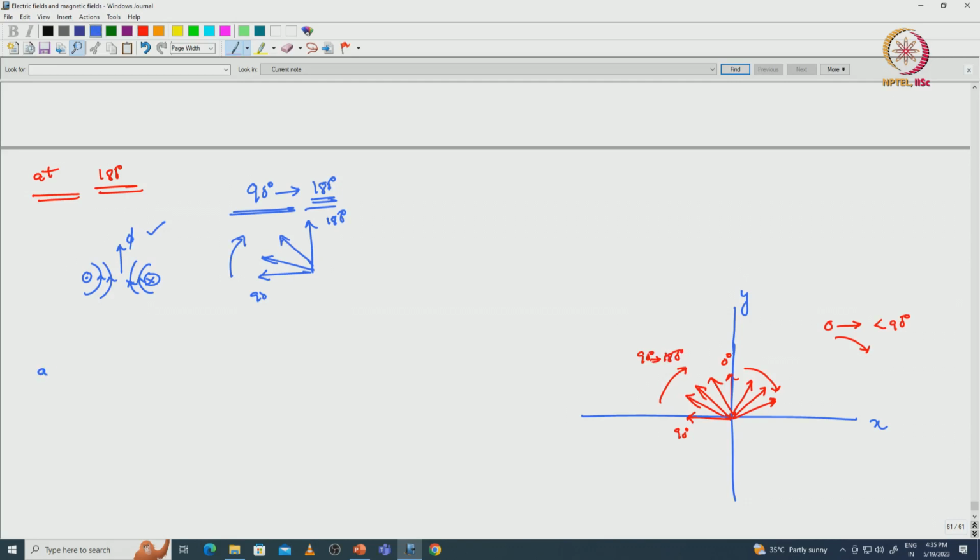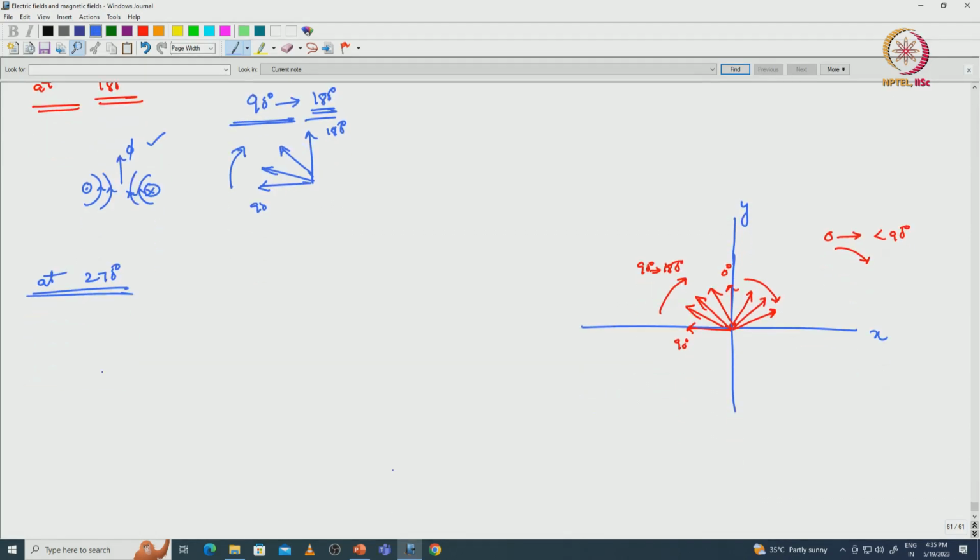Now we will see what kind of magnetic fields are there at 270 degrees. At 270 degrees the conductor is rotated 90 degrees in the clockwise direction, this side dot and this side cross. The magnetic fields will be in this manner.